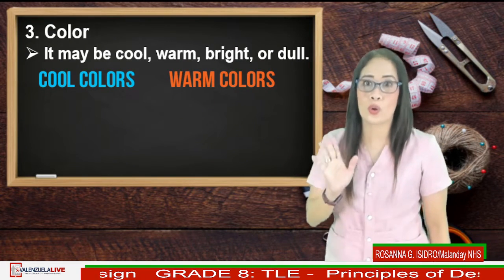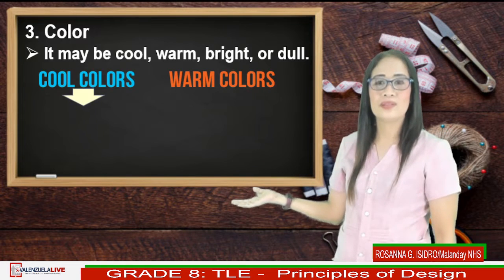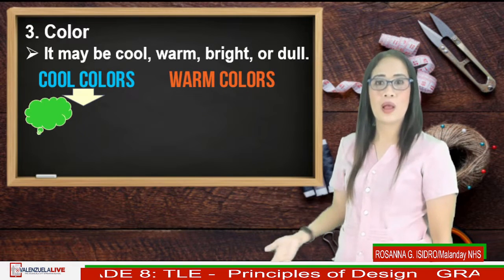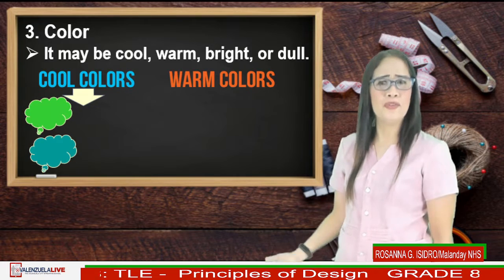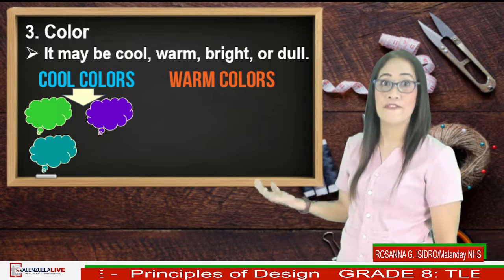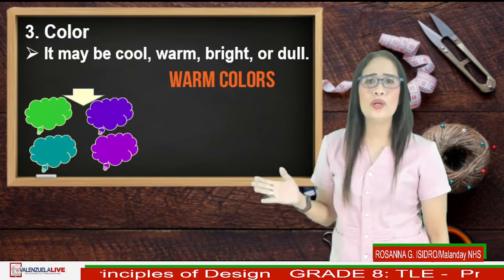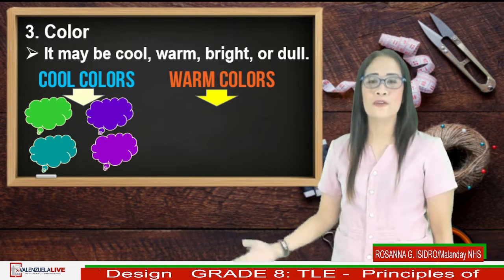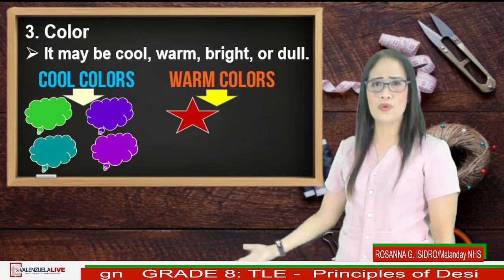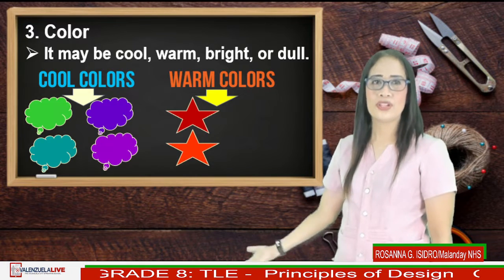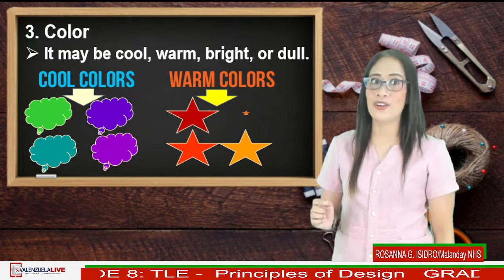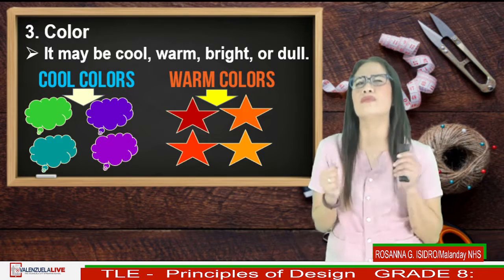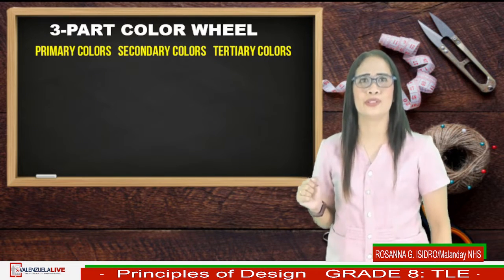Cool colors are green, blue green, blue violet, and violet. Blue is the coolest color. Warm colors are red, red orange, yellow orange, and orange. And red is the warmest color.